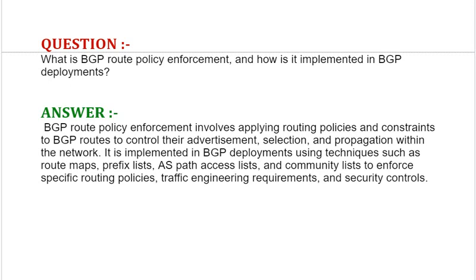It is implemented in BGP deployments using techniques such as route maps, prefix lists, AS path access lists, and community lists to enforce specific routing policies, traffic engineering requirements, and security controls.